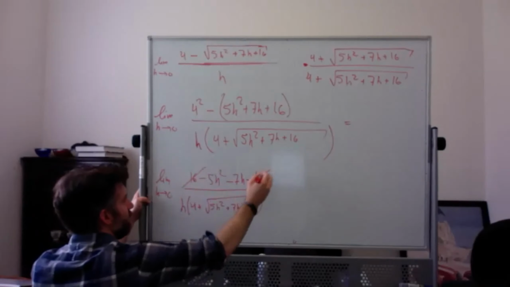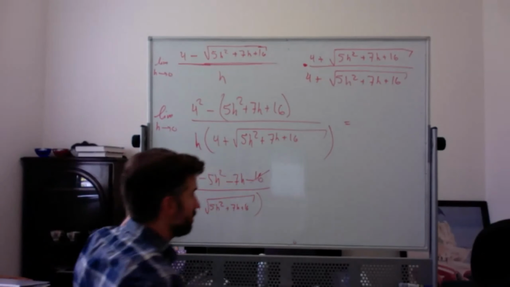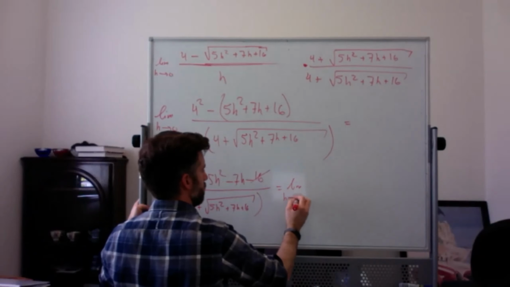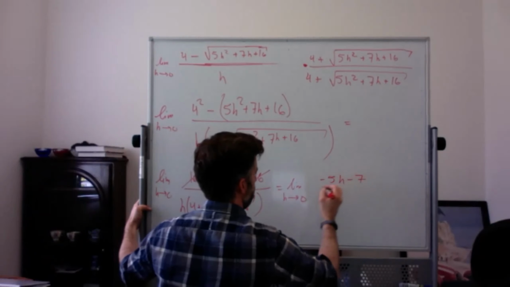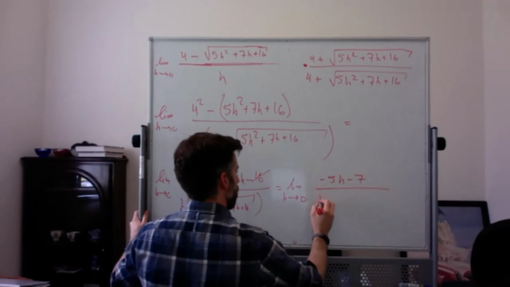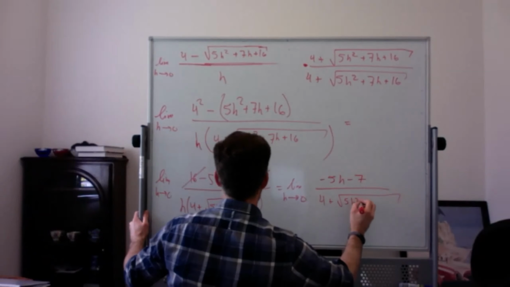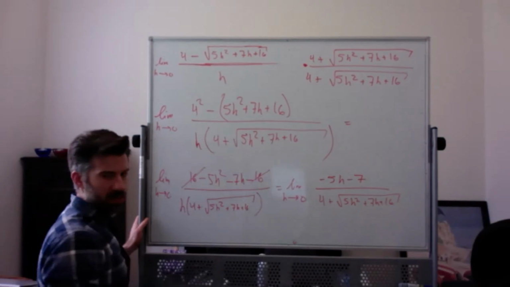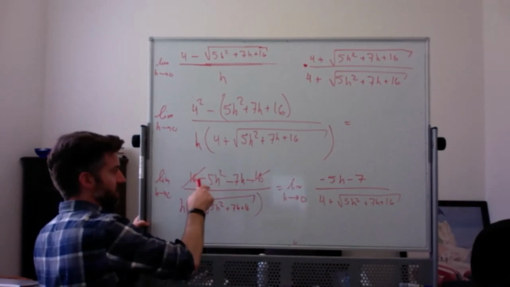These 16s cancel. And then negative 5h squared minus 7h each have an h in them, so you can divide by h and get the limit as h goes to 0 of negative 5h minus 7 all over 4 plus the square root of 5h squared plus 7h plus 16. So the step that I kind of skipped there was factoring out the h on top.